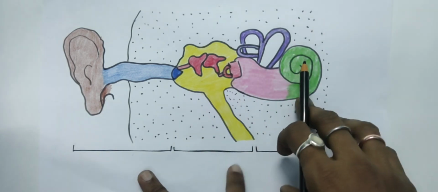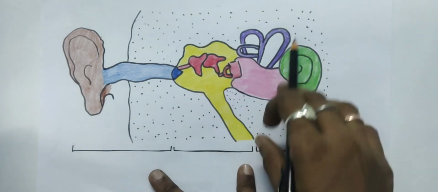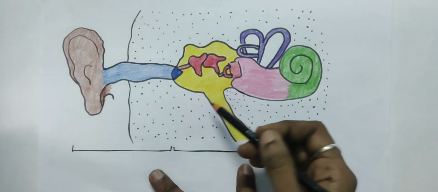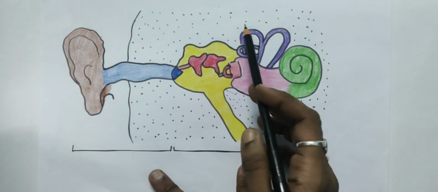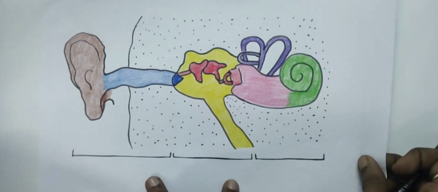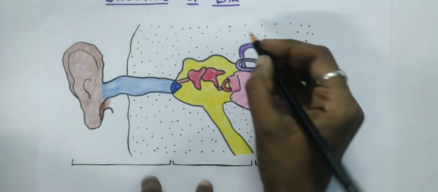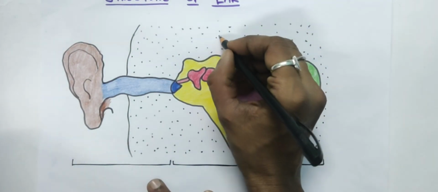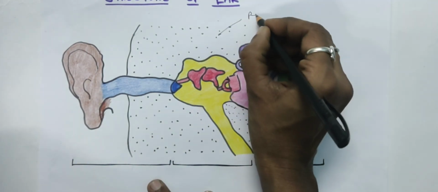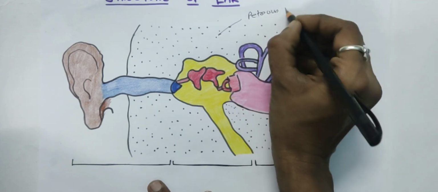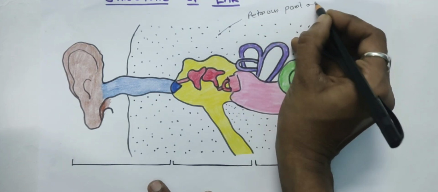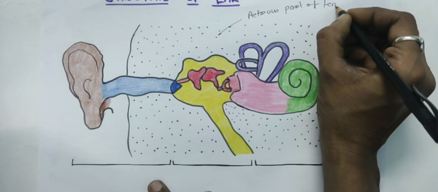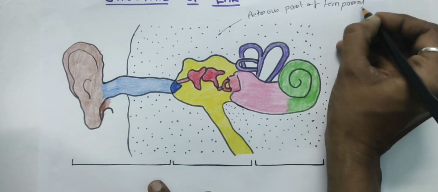We have the temporal bone at our side. This is the temporal bone and this is the petrous part of the temporal bone.